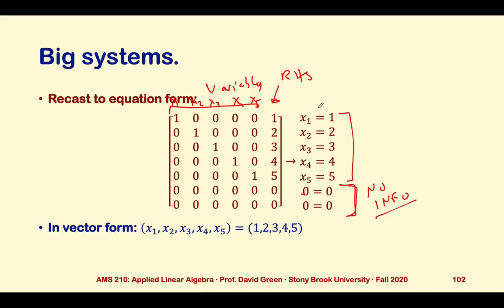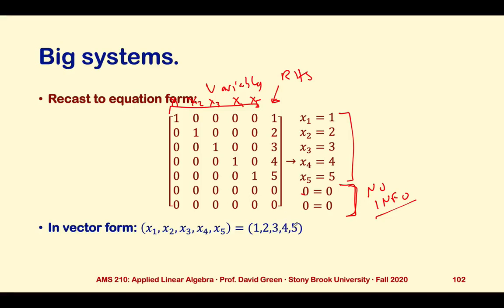We can either leave it in this form or write this out in vector form, the quintuple x1, x2, x3, x4, x5 equals the numbers in sequence, 1, 2, 3, 4, 5.